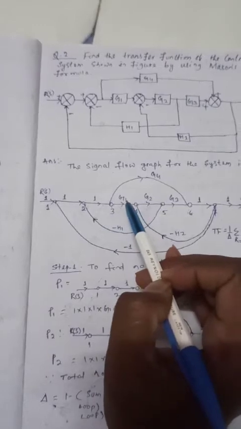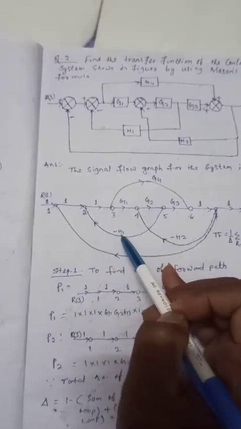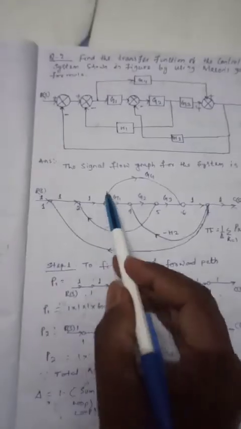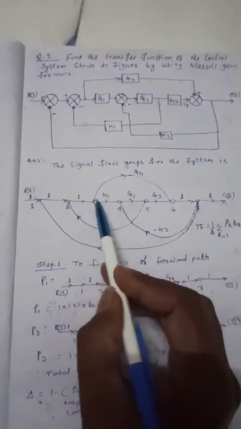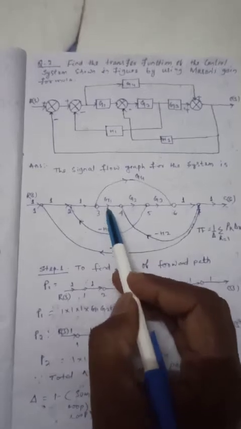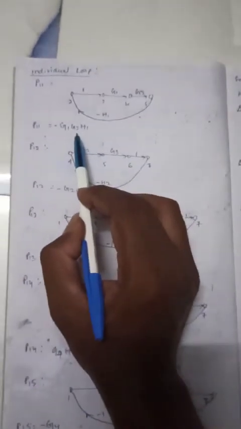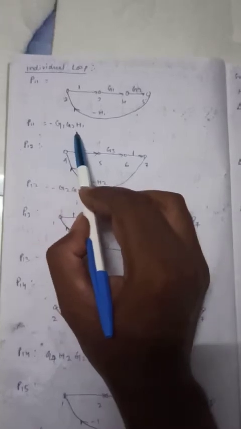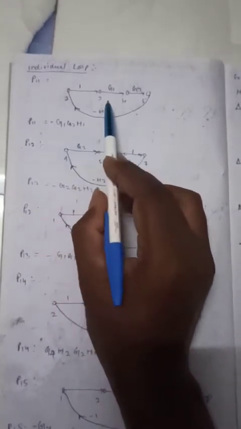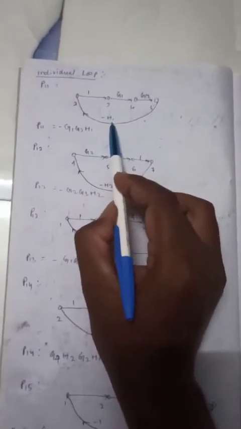So the gain is G1, G2, 1 minus S2. Then the loop gain is the product of the individual gains. So total P11 is minus G1, G2, H1. Clear?